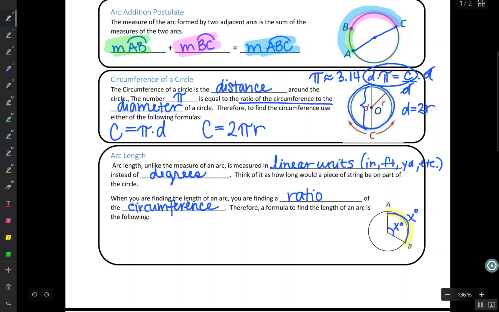Since a full circle is 360, we're going to take that degrees and divide it by 360. That's the ratio we want. So if it's 180, 180 over 360 would be half of the circle. And then we multiply it times the circumference formula, 2 pi r, and that gives you the arc length.